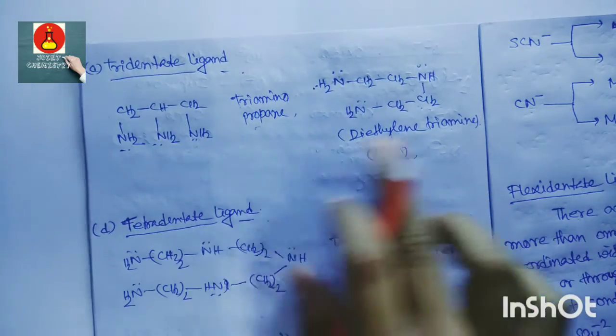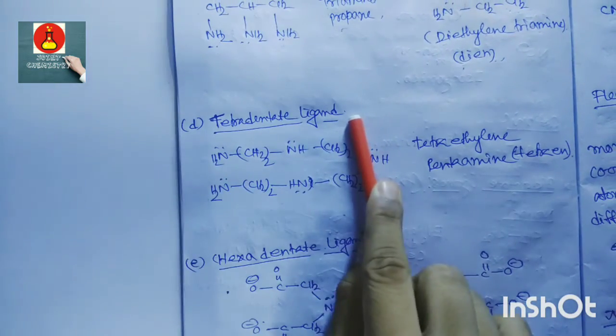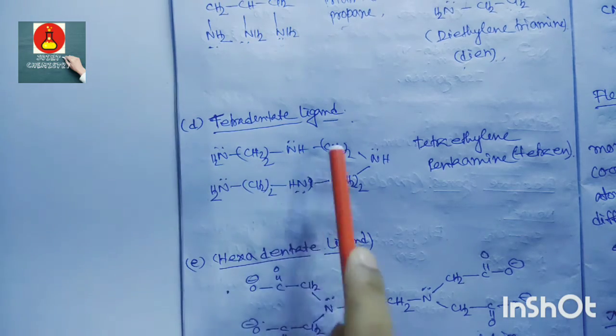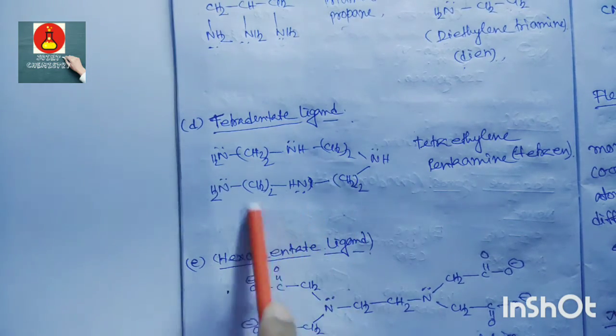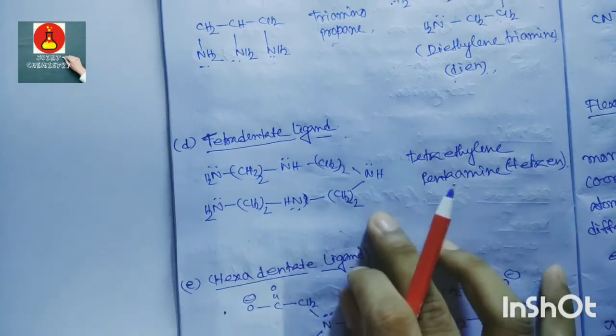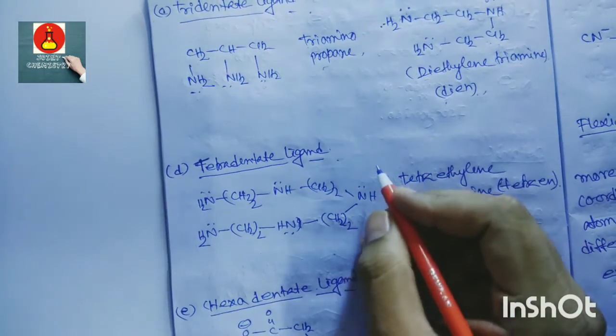So with 3 donor sites, they are tridentate ligands. Now next is tetradentate ligand. As you can see, NH2CH2NHCH2NHCH2NHCH2NH2. In this case, 1, 2, 3, 4, 5. So this is not a tetradentate ligand, this is a pentadentate ligand. Let's see some tetradentate ligands.